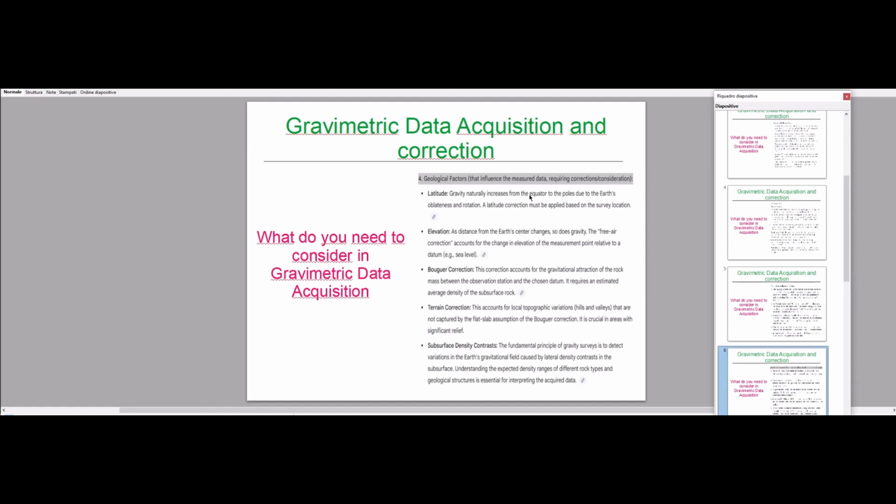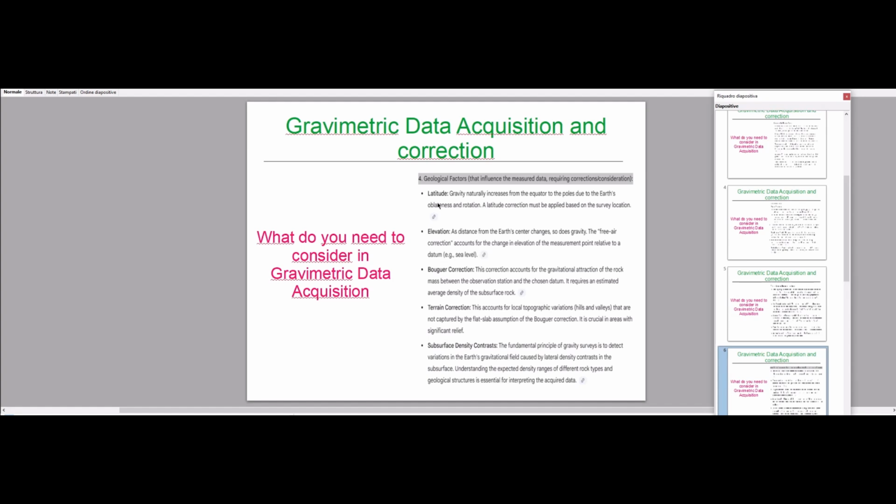We are asked to consider the geological factor and geographical factor that can require correction, like for example the latitude, because gravity naturally increases from the equator to the poles, since the planet is not a sphere but is like a geoid.